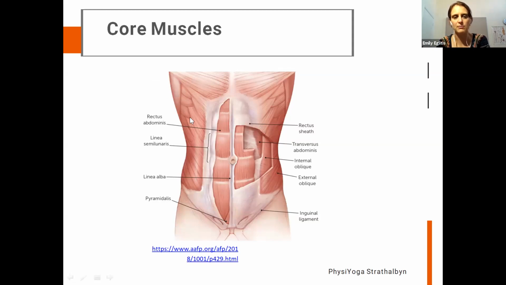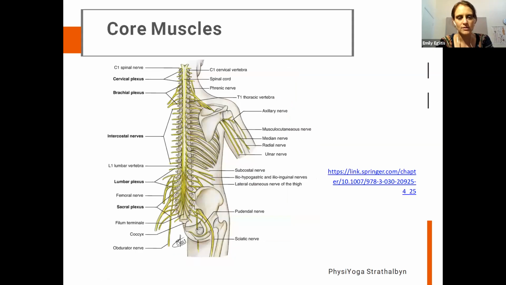If you're one of those people who have done core muscle strengthening till the cows come home and you just can't seem to get stronger, can't activate your core, if anyone says that to me in the clinic, I have a high suspicion that there's some dysfunction through their thorax, which could be driving a decreased ability to effectively activate your core. So just keep in mind that the nerves from this area of the spine are what are switching on the abs at the back.